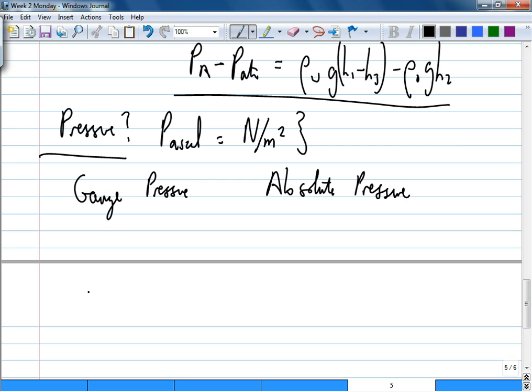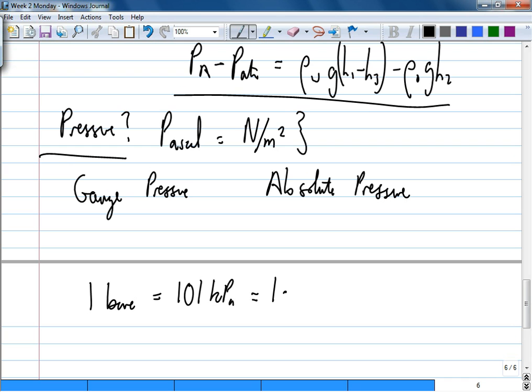Okay. Bar is, I think, SI units. So 1 bar is normally equal to 101 kPa. Why? Because that is equal to 1 atmosphere at sea level. Okay?